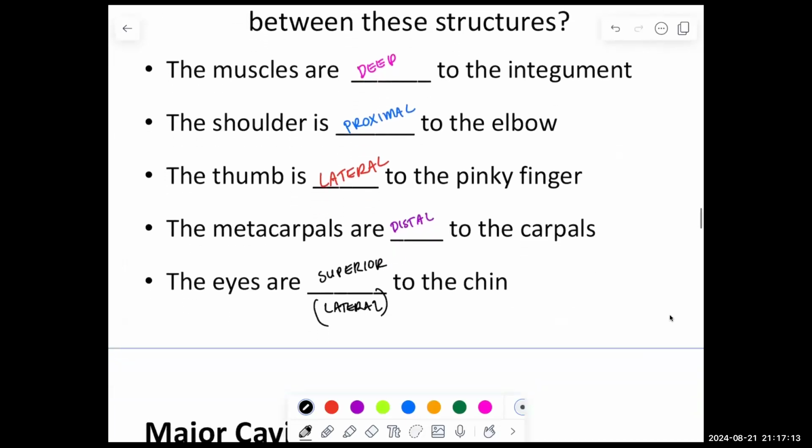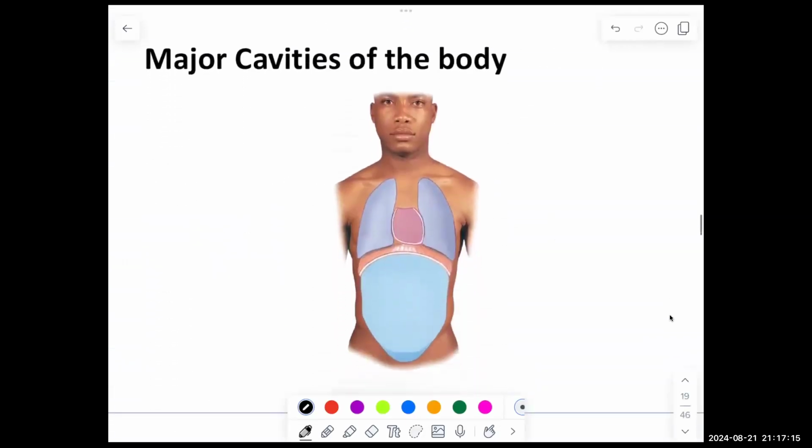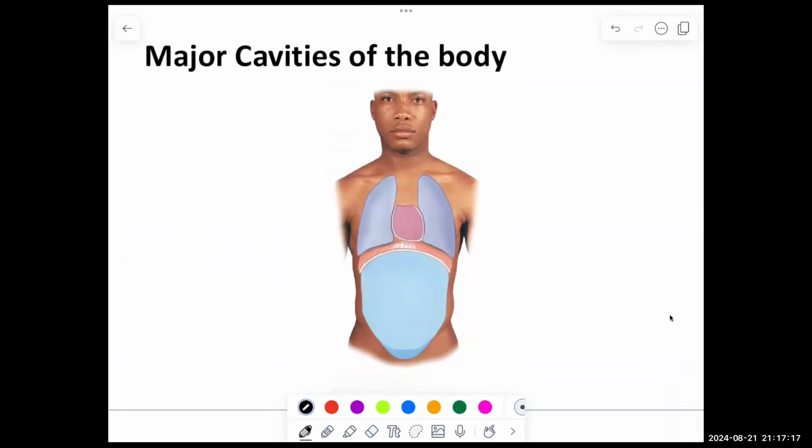Okay, so another topic that we need to familiarize ourselves with are some of the major body cavities. You're going to see that this gets a little confusing because there's body cavities and body cavities and body cavities. For example, we're going to start with all of these body cavities shown here.